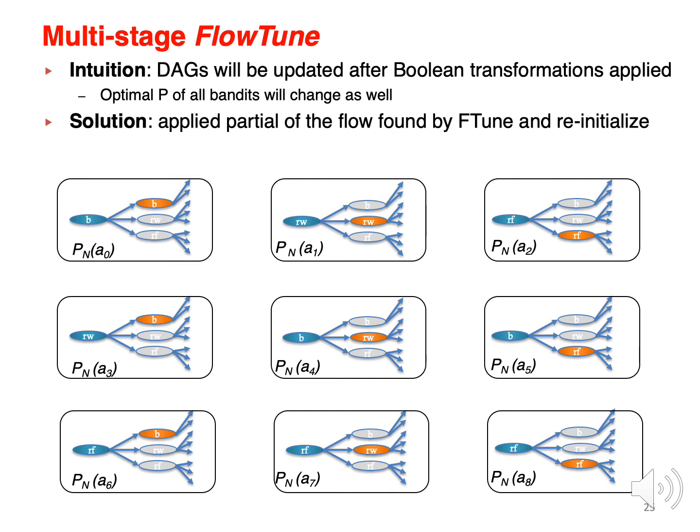The solution we developed here is to apply the first part of the explored best flow, like the first half or first quarter. You can actually change that in our tool. Then Flowtune MAB will reinitialize, so P will be reinitialized and start again for the second half tuning. This gives us the best performance, and we are going to show that in the results section.